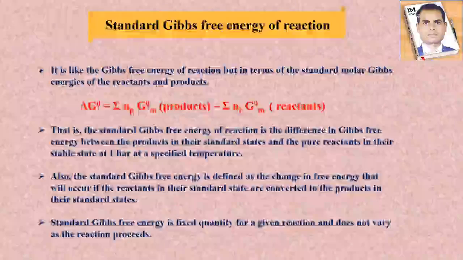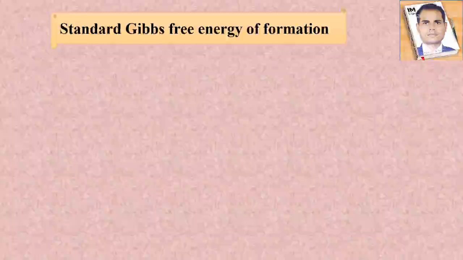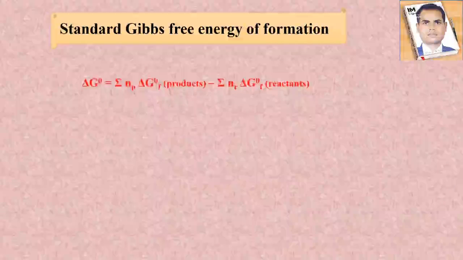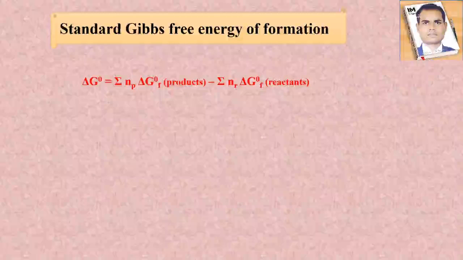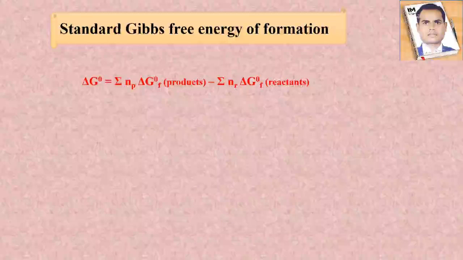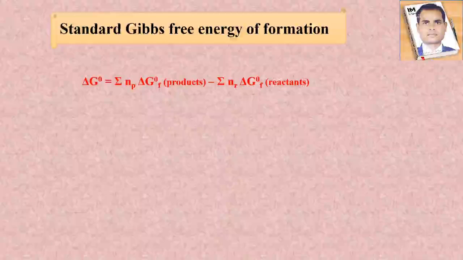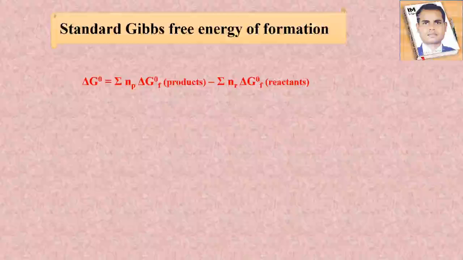Now we have to see the next topic, that is standard Gibbs free energy of formation. How can we form that standard Gibbs free energy? So we know that equation: delta G0 is equal to summation of Np delta G0F for the product and minus summation of Nr delta G0F for the reactant.